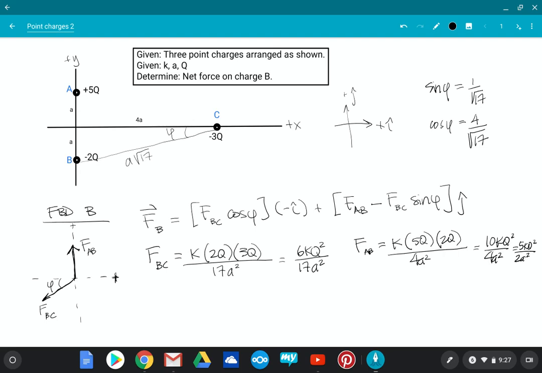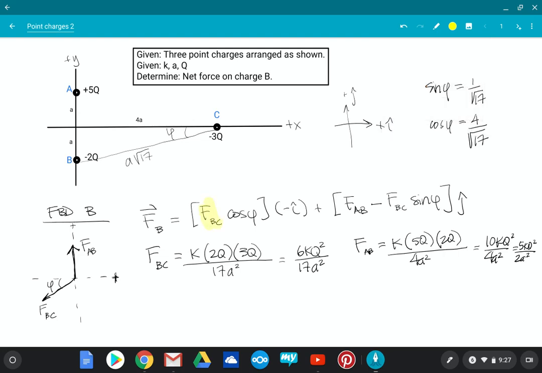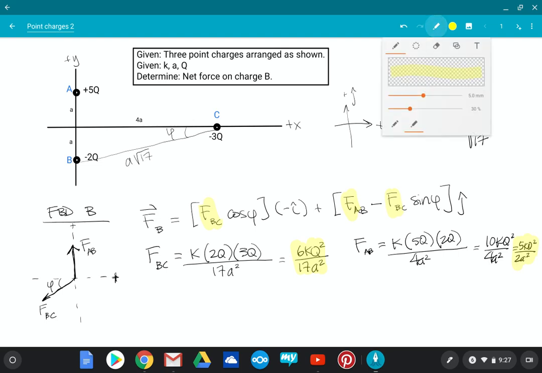Okay, so we have both those magnitudes now, and we can put those magnitudes into our equation. Just to highlight what's going on here, we're going to sub in for the magnitudes, F_BC, this one, and F_AB is that one there. So let's go ahead and do that.